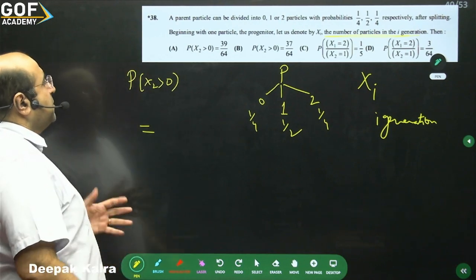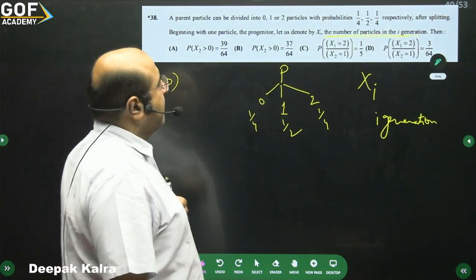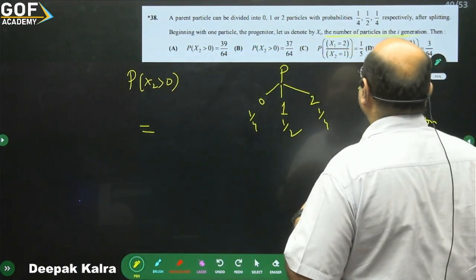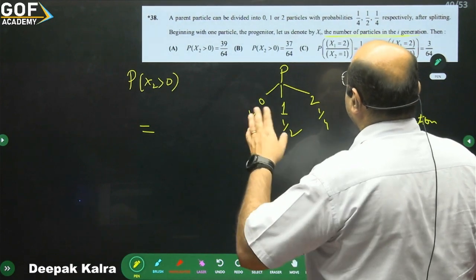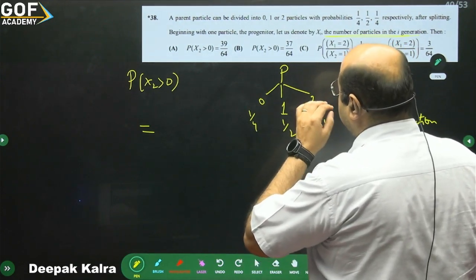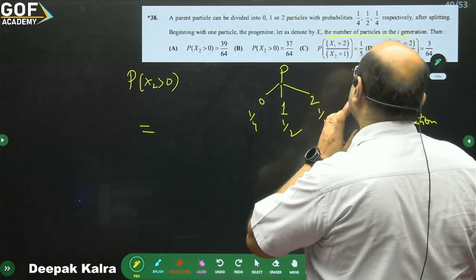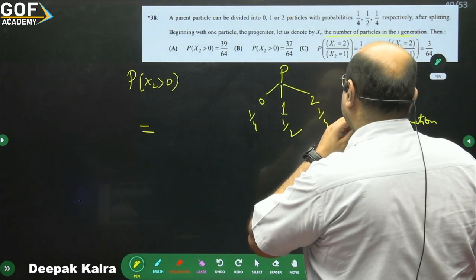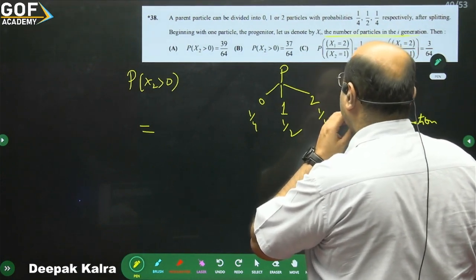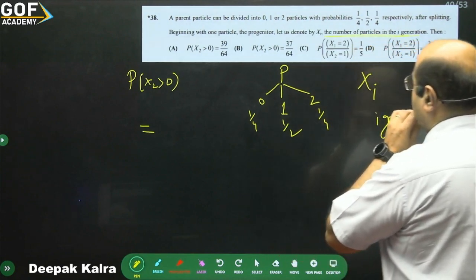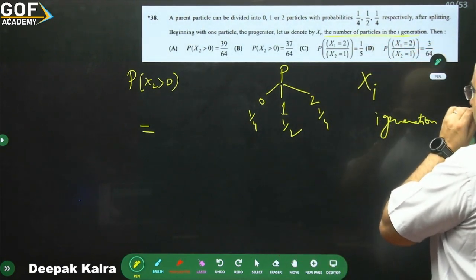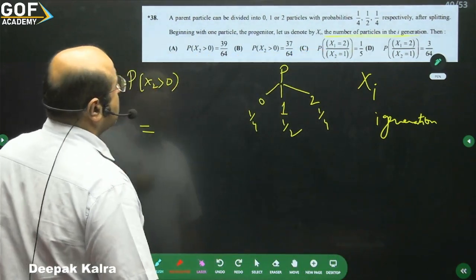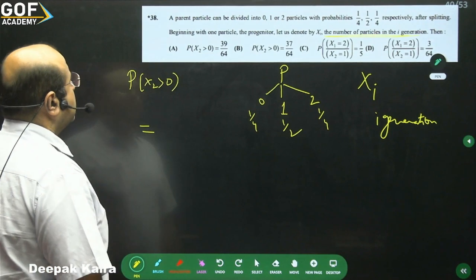x2 is more than 0. A parent particle can be divided into 0, 1 or 2 particles with these properties. So I want either 1 or 2, not 0, in the second generation.